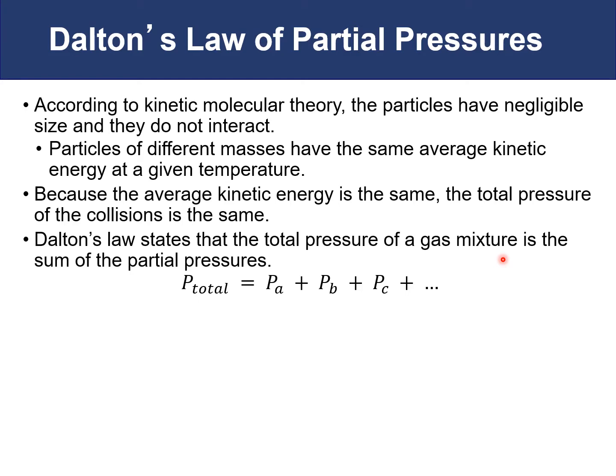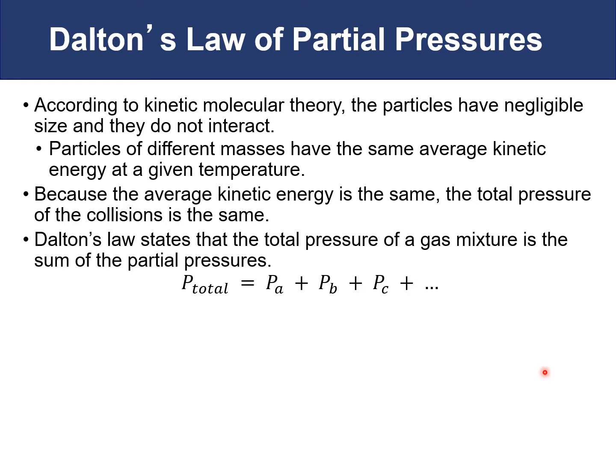If you have dry air, where 78% of the components are nitrogen gas and 21% are oxygen, though nitrogen gas and oxygen gas are very similar in mass for an individual atom, they will be moving at slightly different speeds. They'll have the same kinetic energy if they're in the same container and at the same average temperature. So both of them will be colliding with the side at different velocities, but they'll be hitting it with the same amount of kinetic energy.